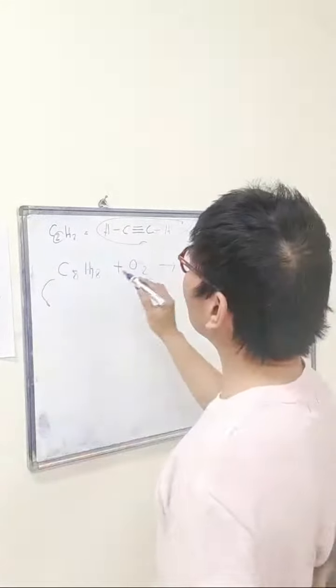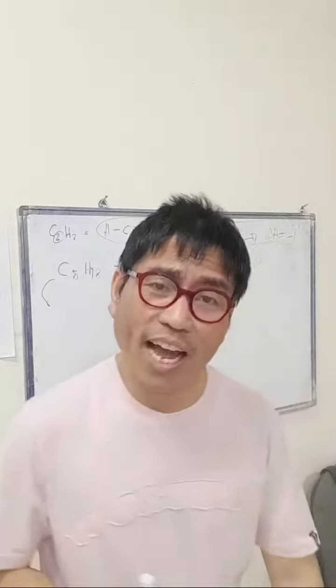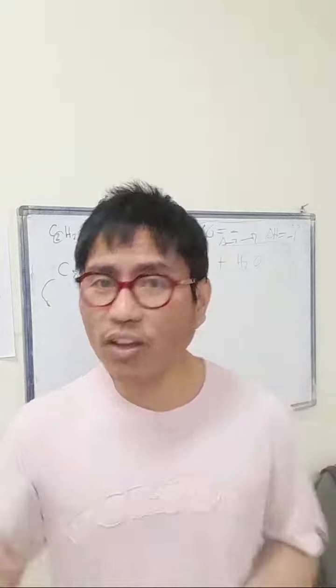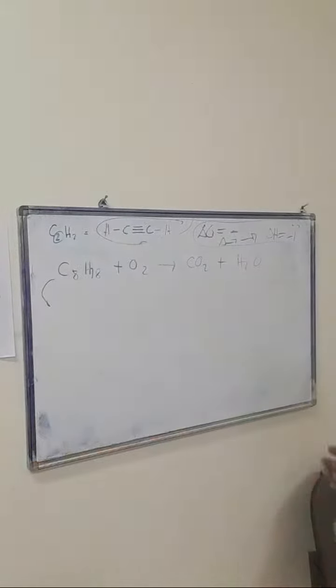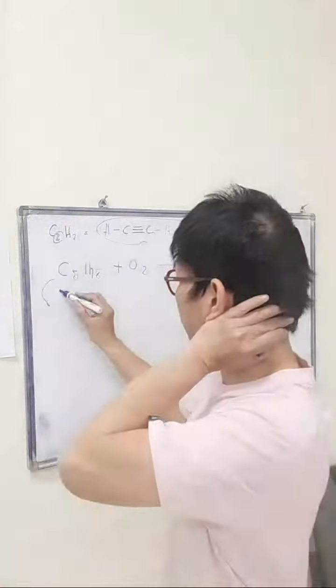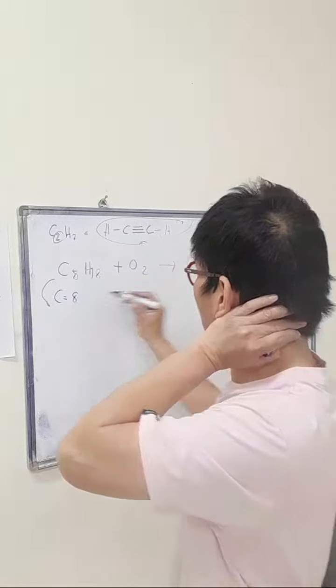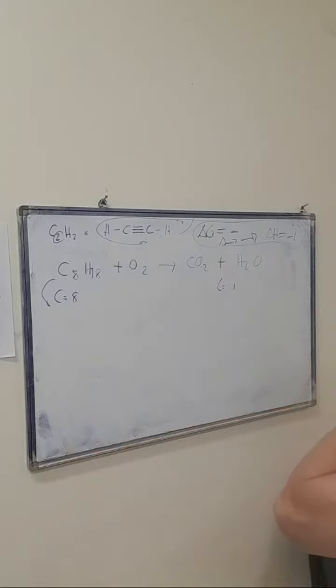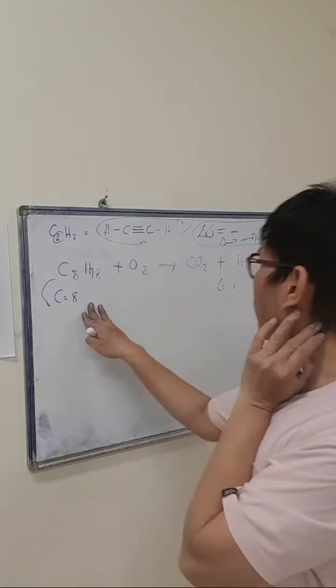Balance this chemical equation, guys, not by the trial and error method. Use the algebraic way of solving the balanced equation. We have 8 carbon atoms on the left and 1 carbon on the right, so there is a deficiency of 7 carbon atoms in the product.